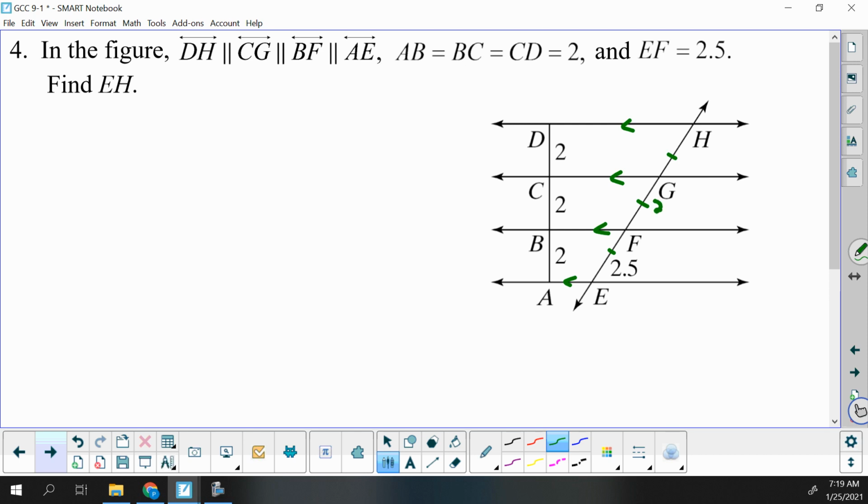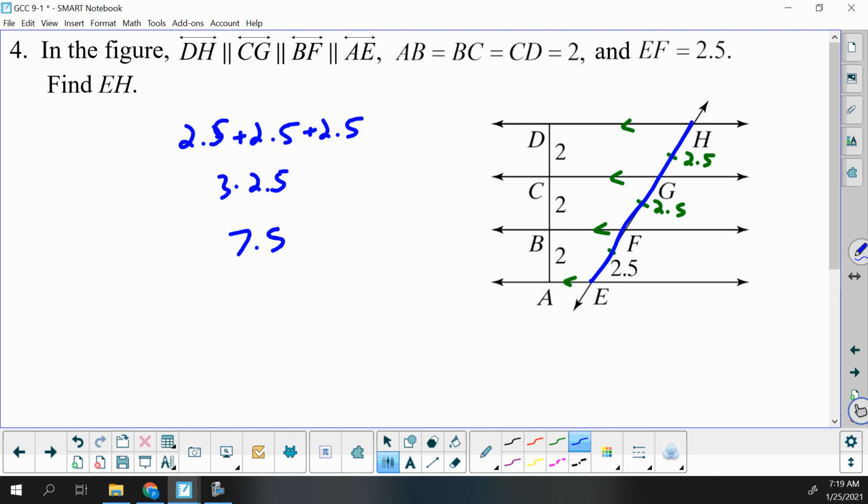Well, they told us 2.5 for the one section, so each of these is 2.5. And we just want to find from E all the way to H. Well, that's just 3 2.5s. So you can either add up 2.5 3 times or do 2.5 times 3. So we should get 7.5 for EH.